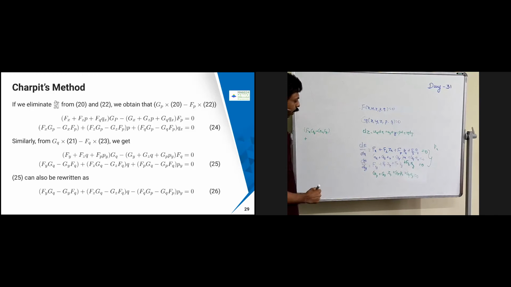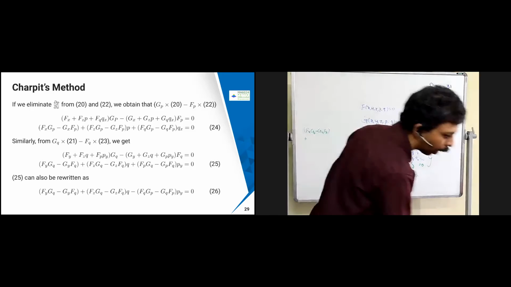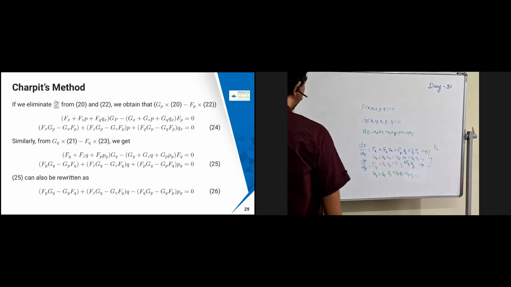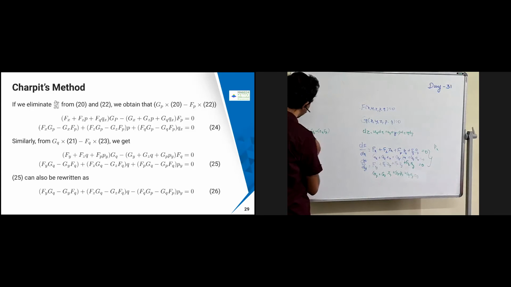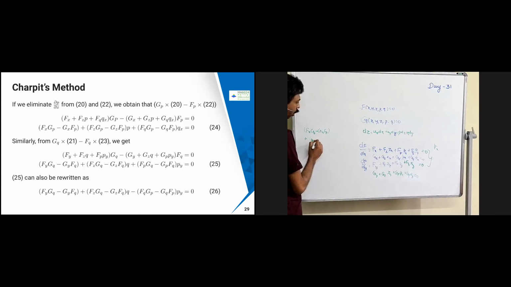Plus here I multiply by fp. So I'm going to get zx common. If I take zx outside, I'm going to get gp into fz minus gz into fp, into zx, or zx I can write as p.